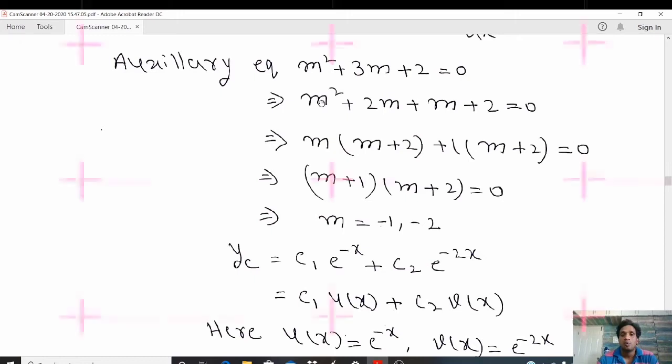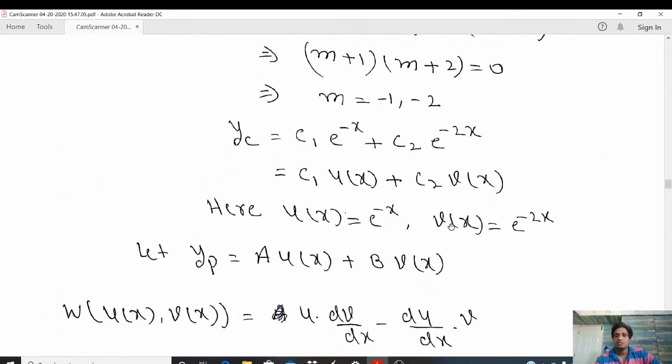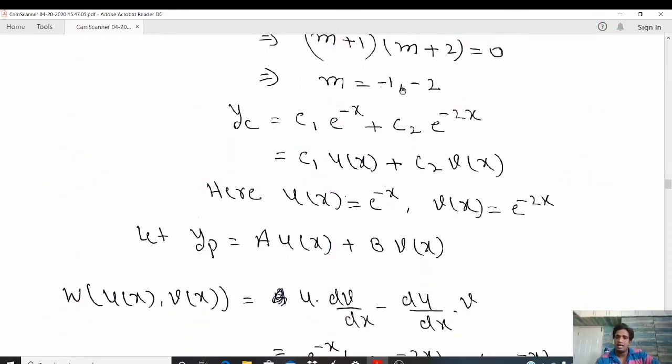One possibility is m square plus 2m plus m plus 2 equal to 0. If you take m common in the first two terms, it becomes m plus 2, and again taking 1 from the rest, m plus 2 equal to 0. It becomes m plus 1 into m plus 2 is equal to 0, where we get m values as minus 1 and minus 2. Here the values are real and distinct.